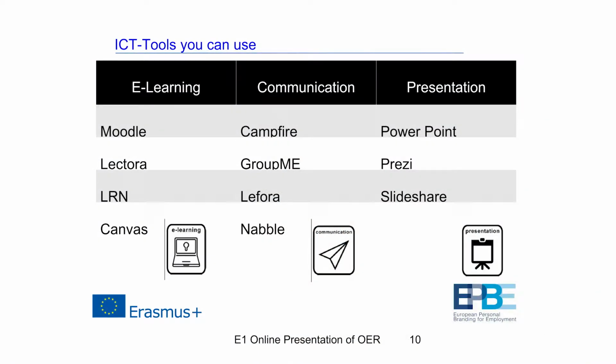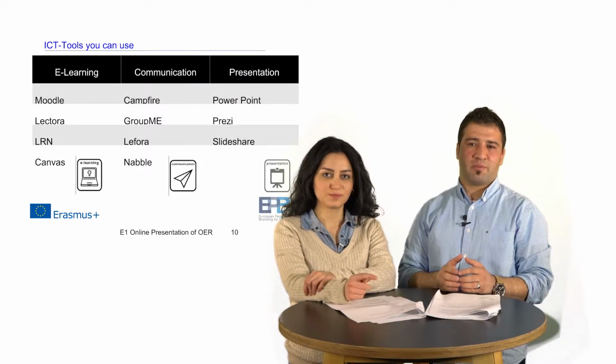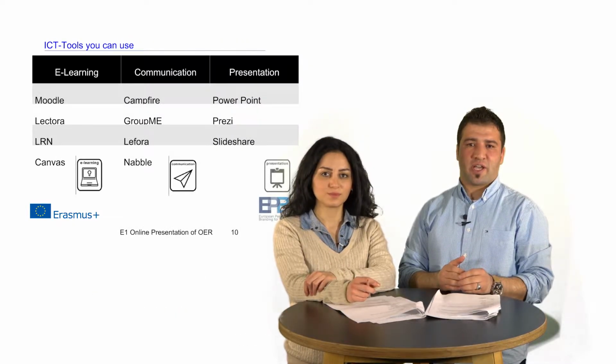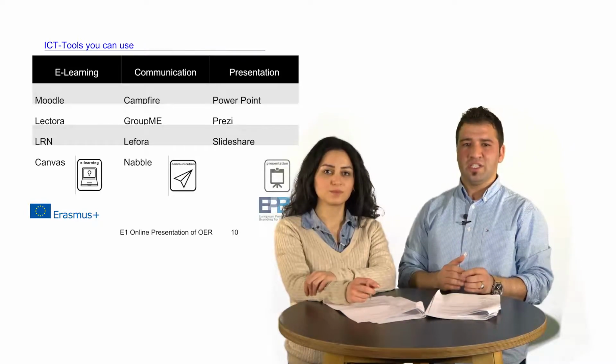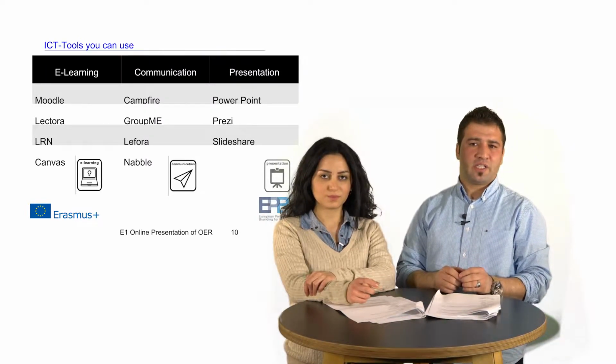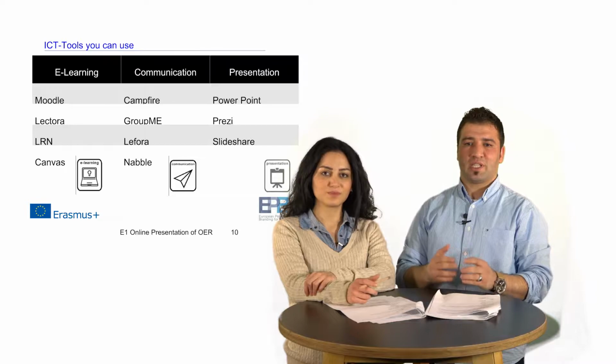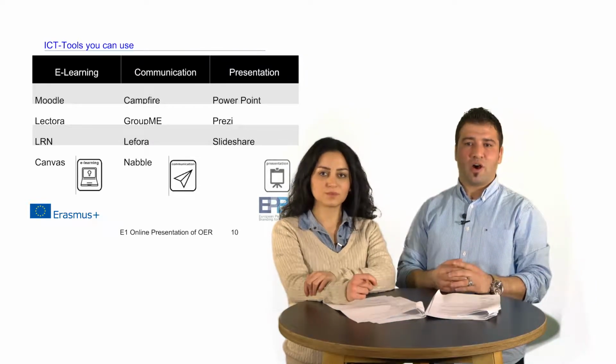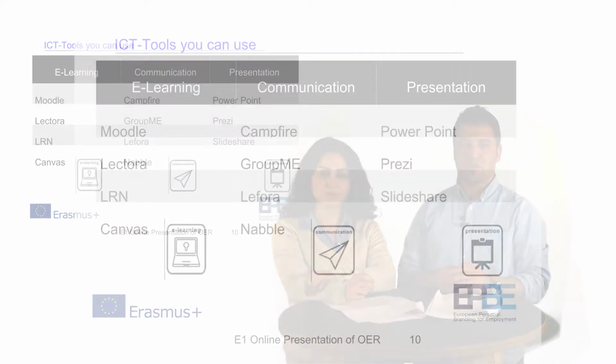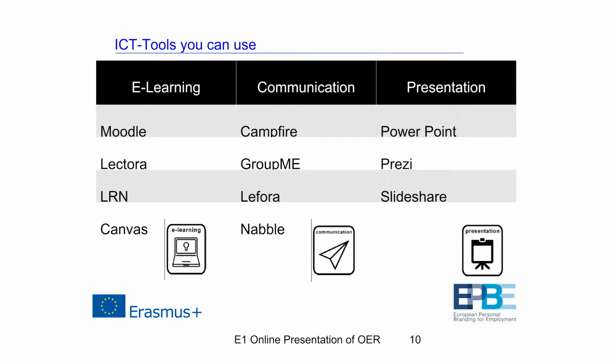To be effective and know what your possibilities are, we want to present to you a sample of tools you can use. You will encounter them as you teach and interact with learners. These are only examples, and there are many more, but it gives you an overview on the most important tools. E-learning, learning management systems: Moodle, Lectora, LRN, Canvas.